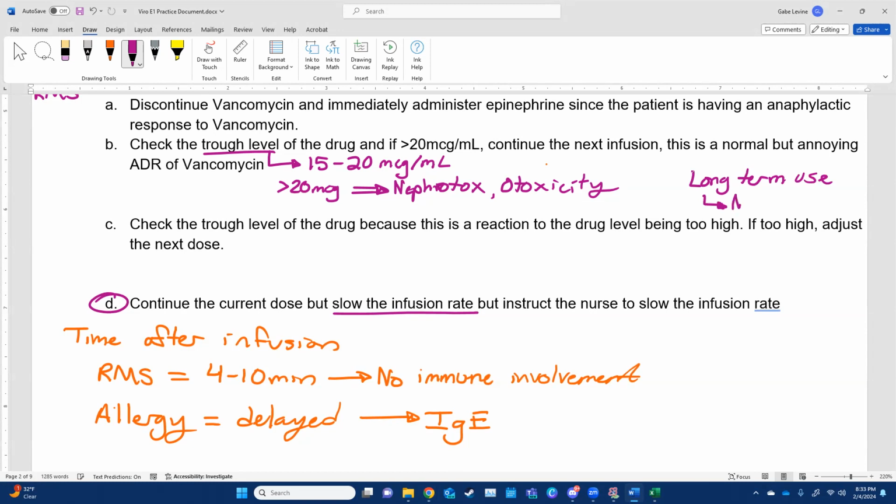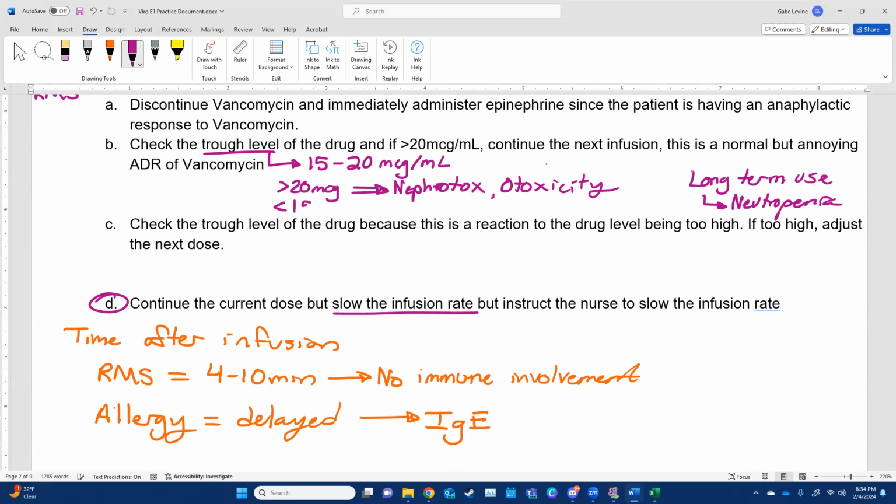That's where we tend to see the neutropenia. So not necessarily just the high doses, but more that we're using it for a long amount of time. And then of course, irregular nausea, vomiting, diarrhea.